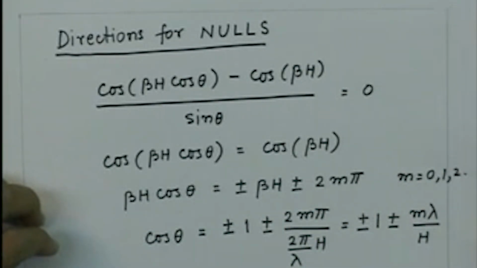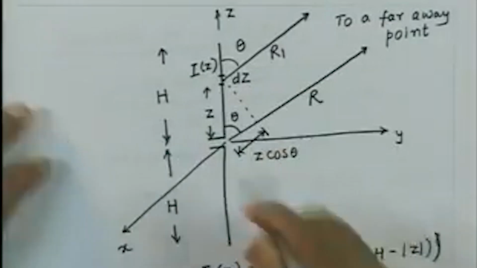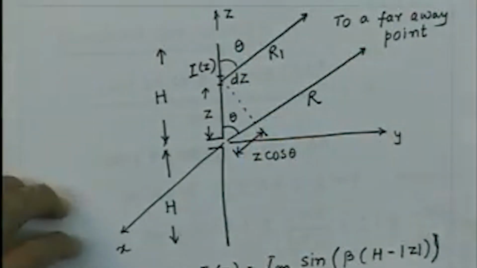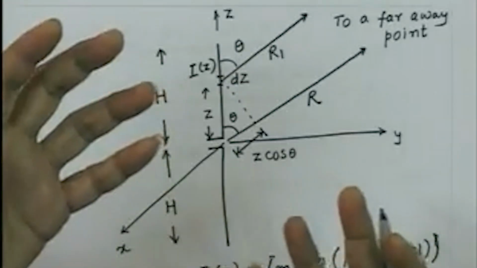And that makes physical sense also, since the dipole is a collection of Hertz dipoles, and a Hertz dipole has a null along its axis, that means at θ equal to 0 and θ equal to π, the superposition of the field also should be 0 in that direction.